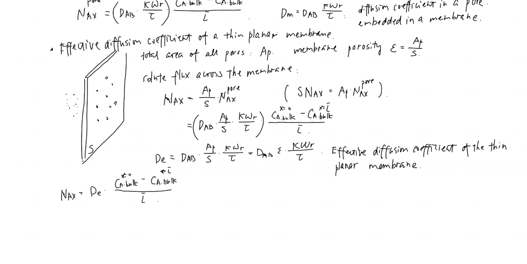So you have the inlet concentration, you have the outlet concentration, and that's the flux. So there's no need to know the concentration within the pore after we use the steric factor, the partition coefficient, to link the pore concentration to the bulk concentration. So it's totally a diffusion problem for the membrane.